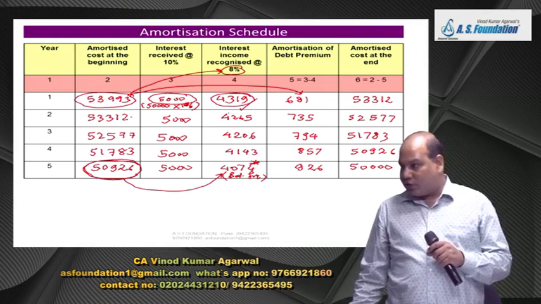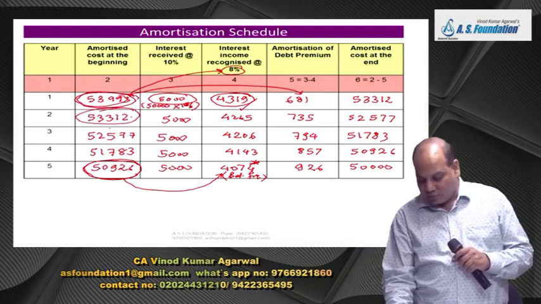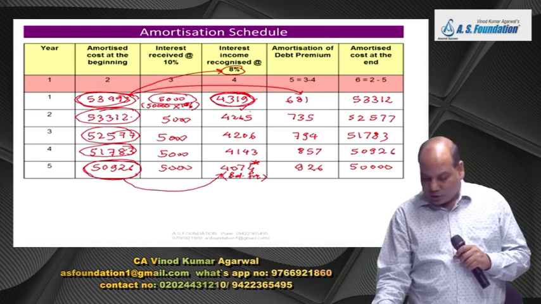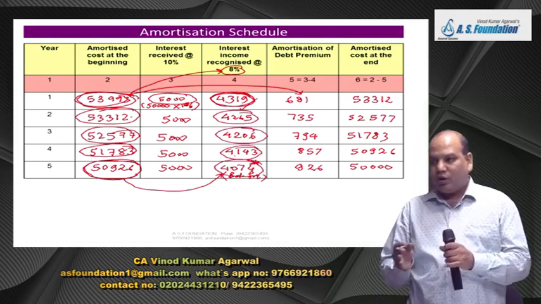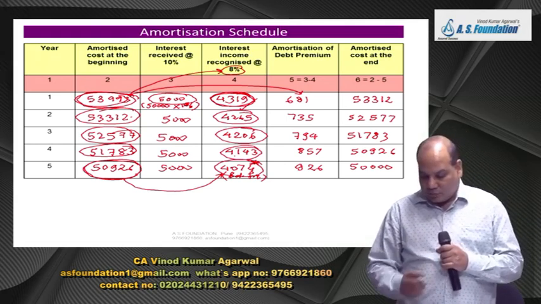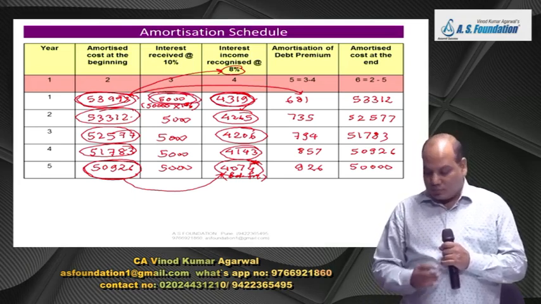So this method says when you have more balance outstanding, you charge more interest. You get more interest in P&L account, and as your balance is reducing, you are recognizing less interest in the income statement. Is it right? If I follow the other method, then what will be the problem?